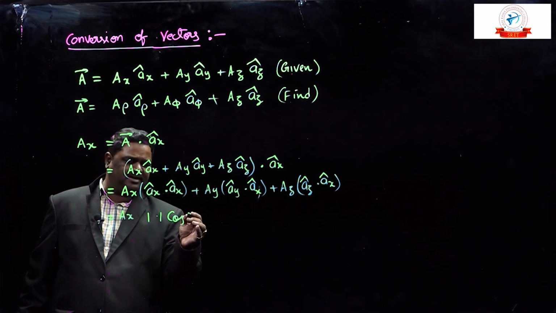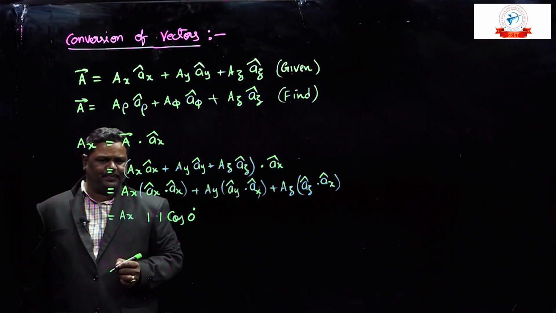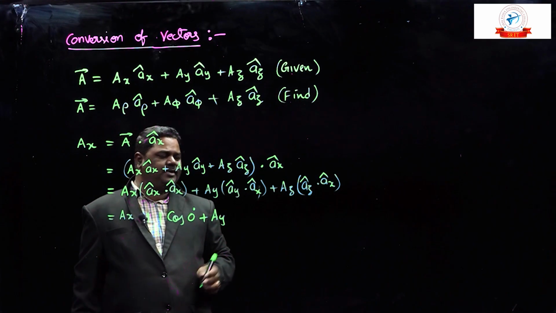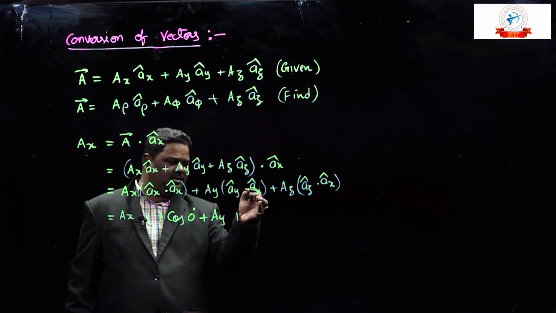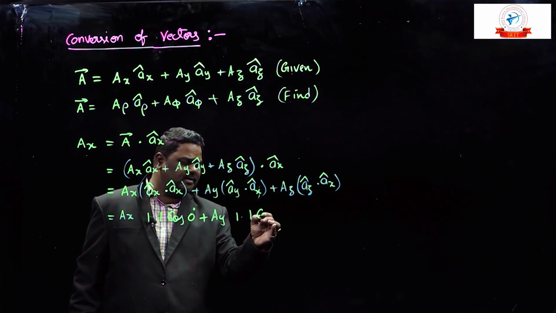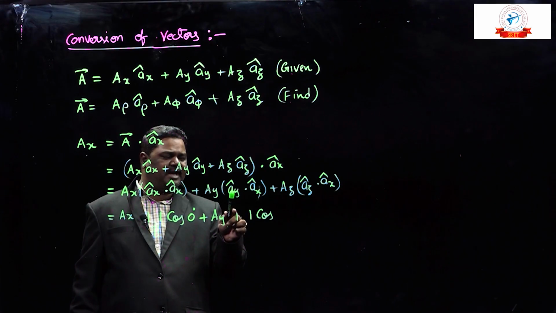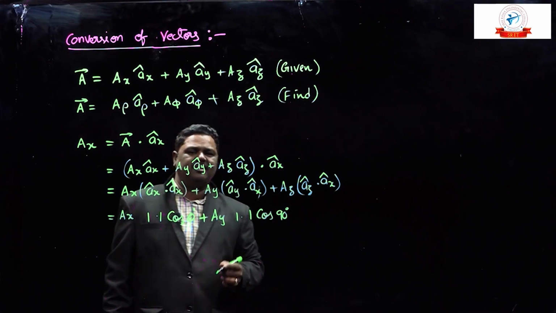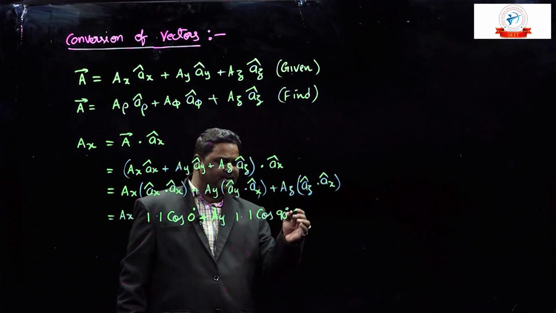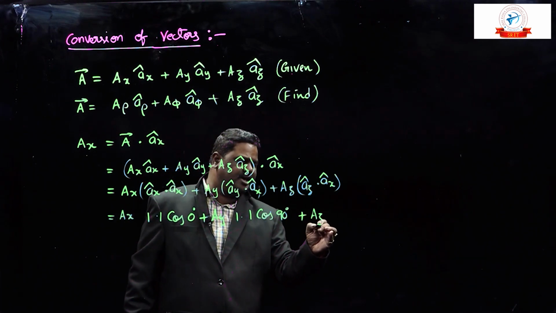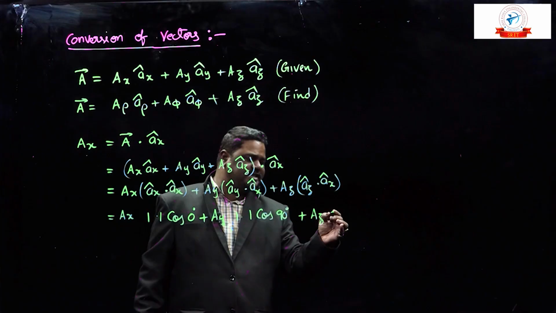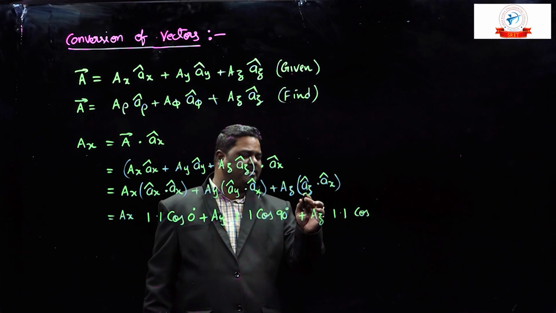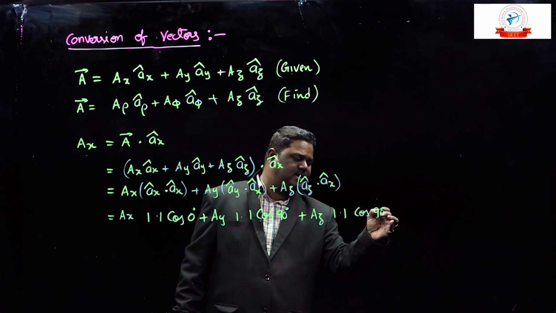For the same vectors, the angle is 0, cos 0, plus ay into magnitude of first vector 1, magnitude of second vector 1, cos of the angle between ay cap and ax cap, which is 90 degrees. Angle between x and y is 90. Plus the z component, magnitude of az cap is 1, magnitude of ax cap is 1, into cos of the angle between az cap and ax cap, which is 90.